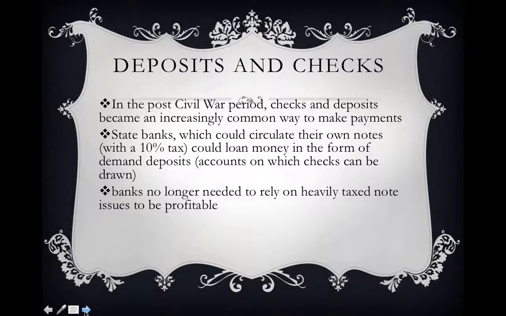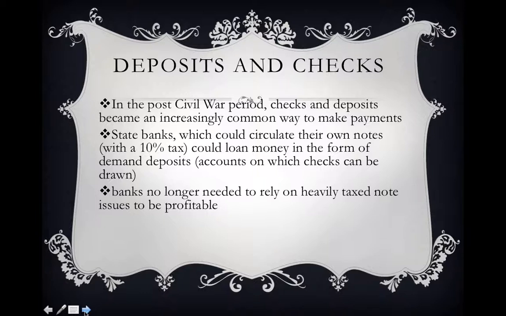And remember, these banknotes were taxed at 10%. So what they could do is loan money out in the form of demand deposits, writing a check to the individual and transferring that money into their account and allowing them to write checks on that account. So they're not physically printing money, but they're creating deposits by allowing individuals to write checks on a particular account.